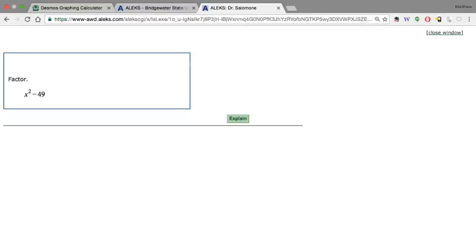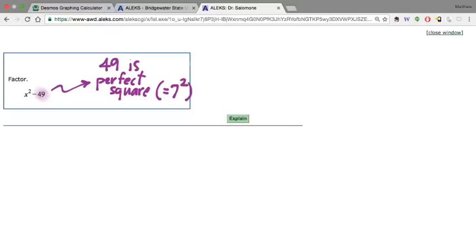One of the cues that will cue us into being able to use the factoring technique that we're about to talk about is that when we have numbers like 49 that are perfect squares, 49 is a perfect square, meaning that it's equal to 7 squared.